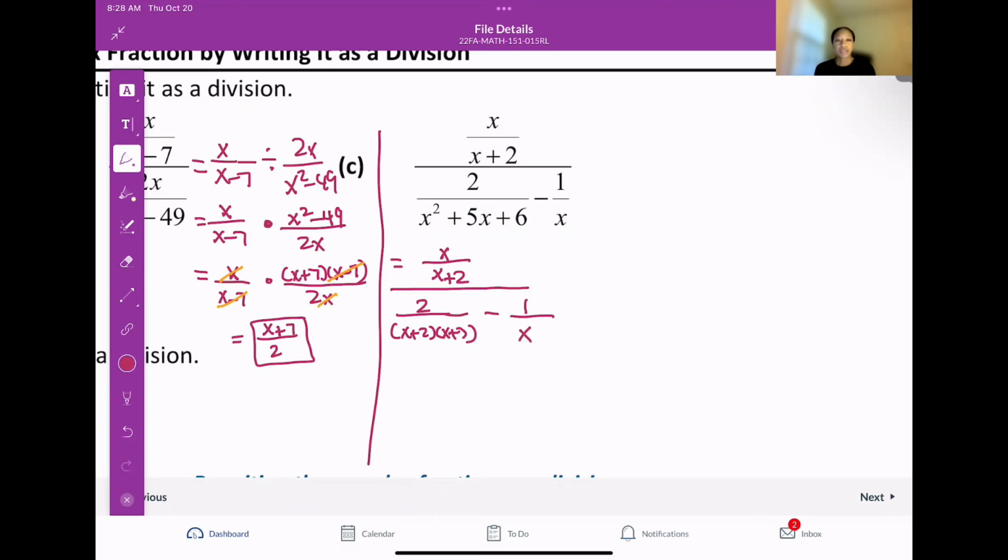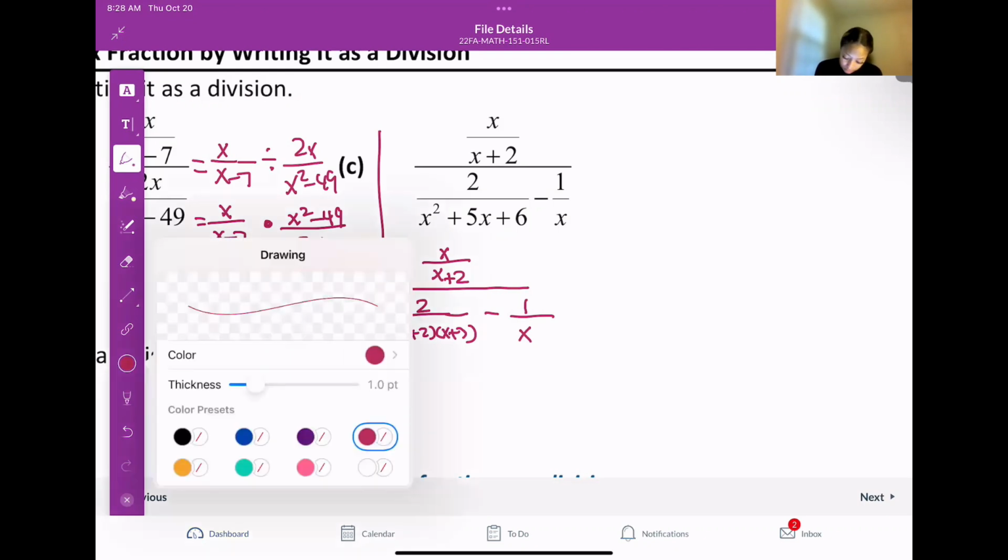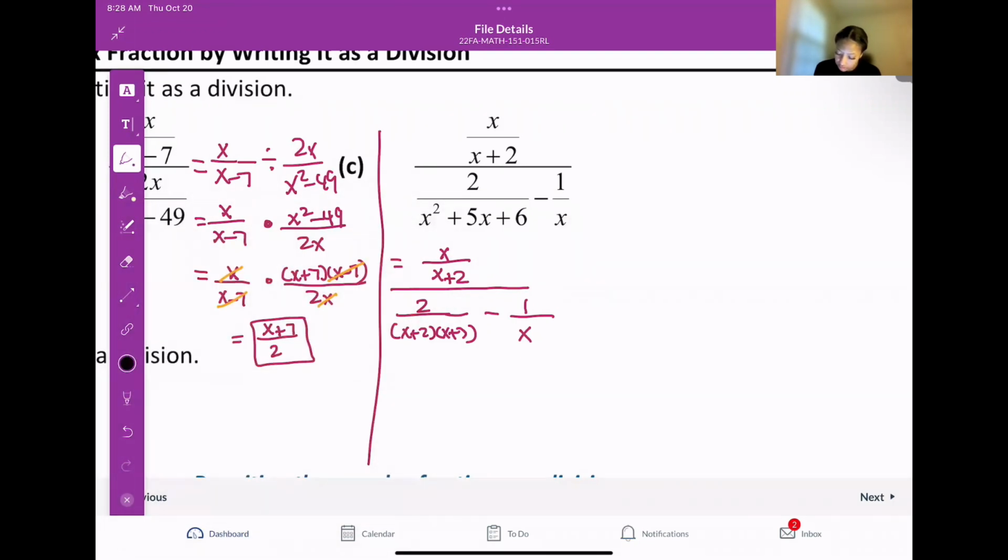The common denominator would be x times x plus 2 times x plus 3, or x times x squared plus 5x plus 6. So we need to multiply this first fraction, because we have an x plus 2 and an x plus 3, we need an x. So we'll multiply by x in the numerator and x in the denominator. And for the second expression, we need to multiply by the x plus 2 times x plus 3 in the numerator and denominator.